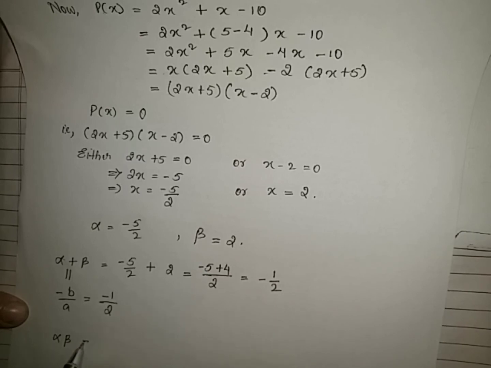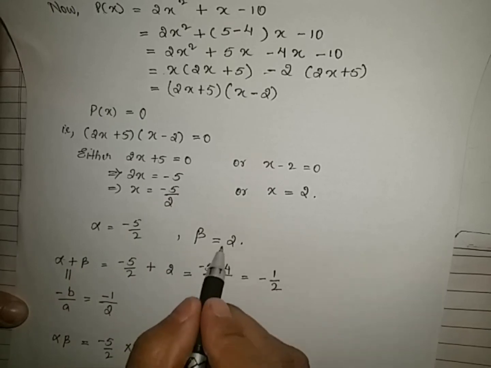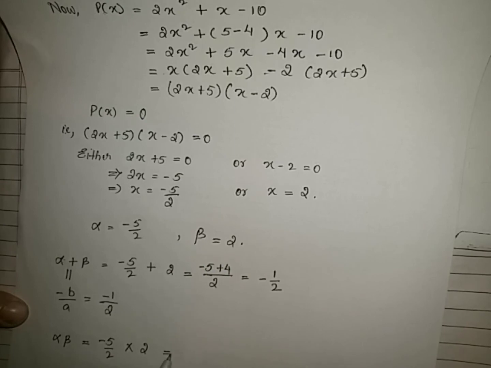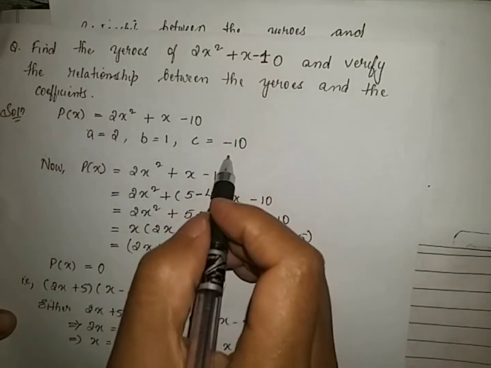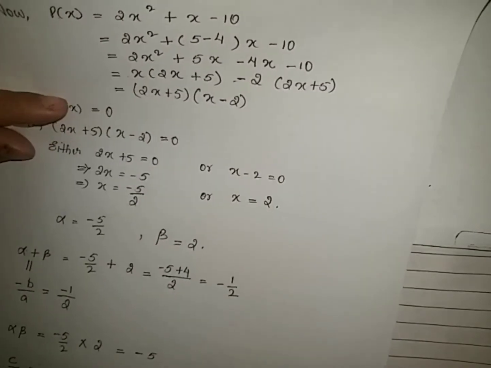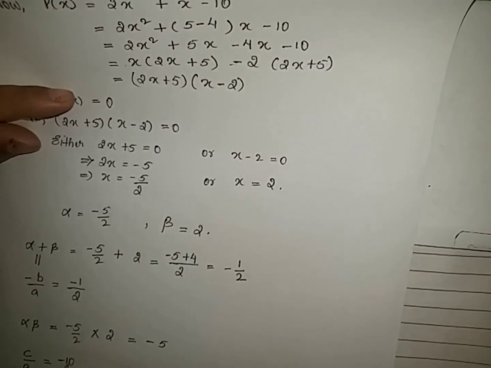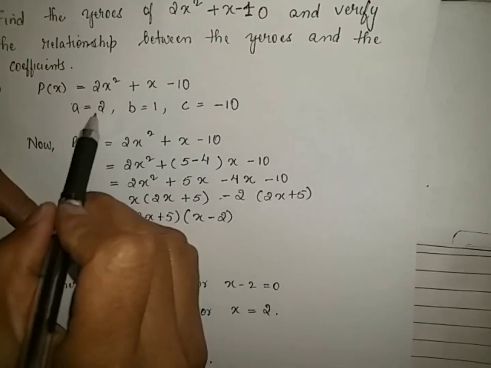And the next one, let me find alpha into beta, which is the product of the zeros: minus 5 by 2, I multiply with 2. Then I get minus 5. And what is c by a? c is the constant term, that is minus 10, and our a is 2.